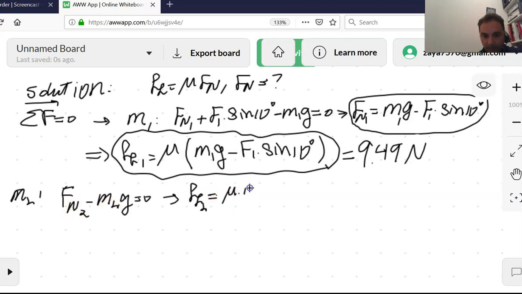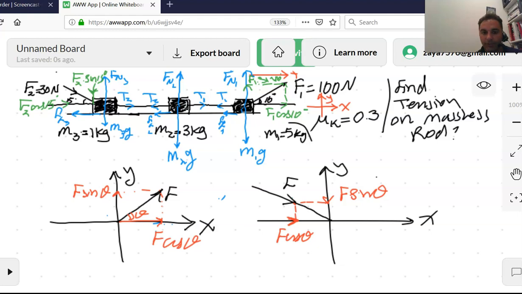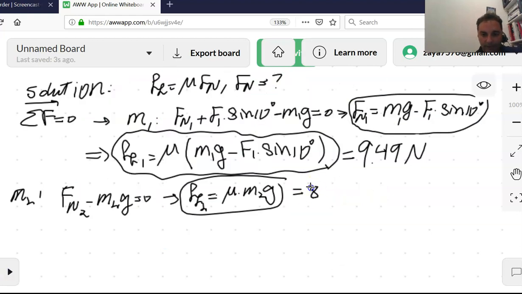It will be mu M2g. If I substitute, it's 0.3 times 3 times 9.8. The answer is 8.82 newtons.